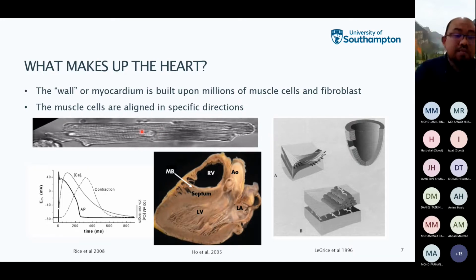It has those stripes. And if we were to provide an electrical signal, we can see that it's contracting, as shown here. For heart muscle, some parts of the heart muscle have the capability to contract on their own. That is one unique thing about the heart.